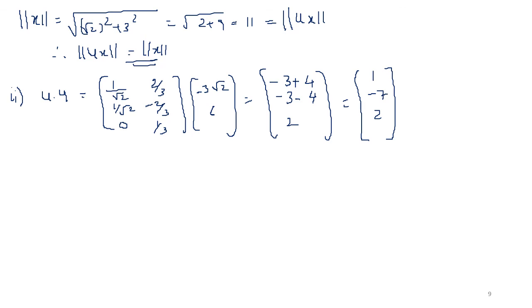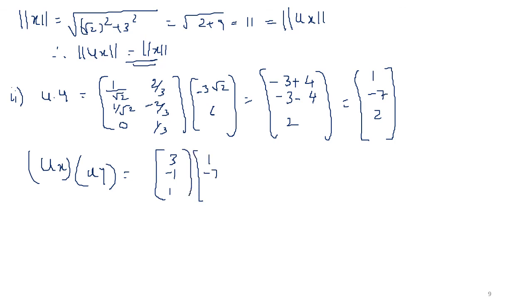So now Ux into Uy: Ux we have got as 3, minus 1, 1, and Uy is 1, minus 7, 2. So it is equal to 3 plus 7 plus 2, which is equal to 12. Next, x into y.